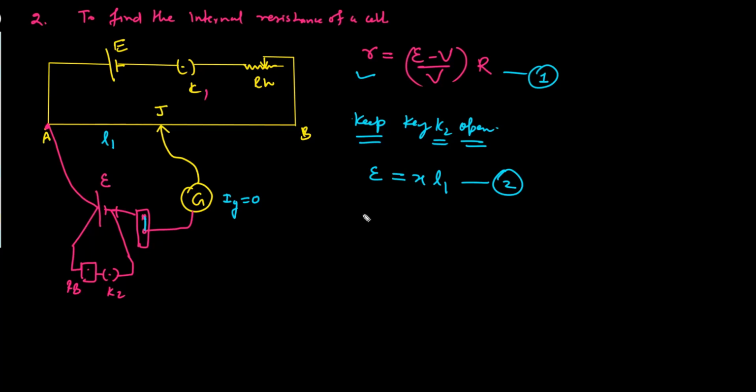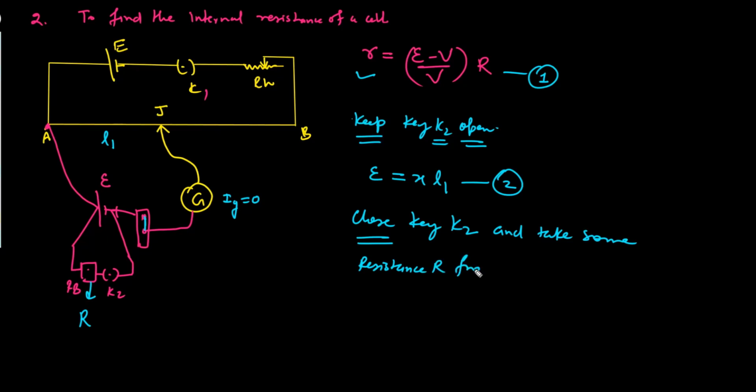Now second time, we will close key K2, right? Now we will keep the key K2 closed and we will take some resistance R from the resistance box.